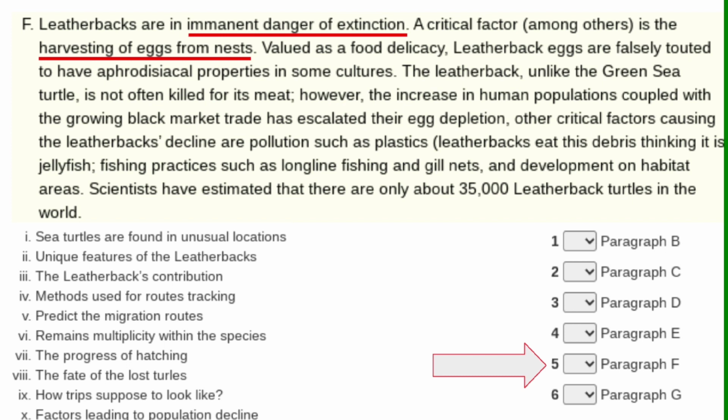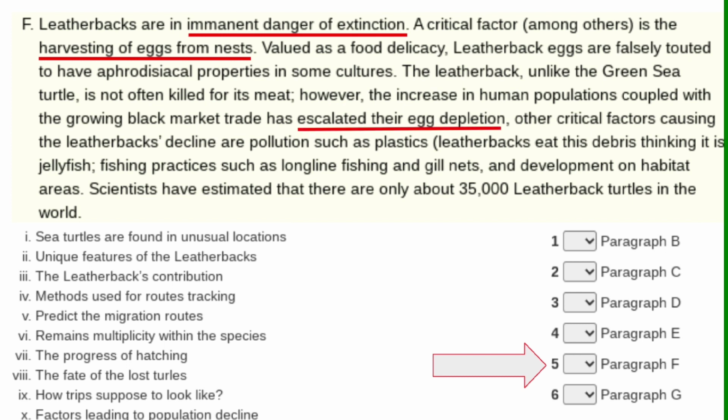Valued as a food delicacy, leatherback eggs are falsely touted to have aphrodisiacal properties in some cultures. The leatherback, unlike the green sea turtle, is not often killed for its meat. However, the increase in human populations, coupled with the growing black market trade, has escalated their egg depletion.